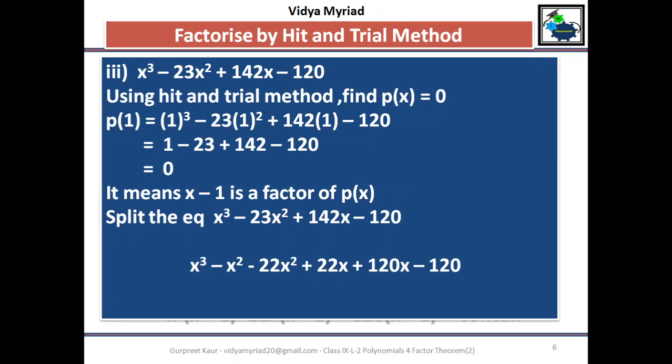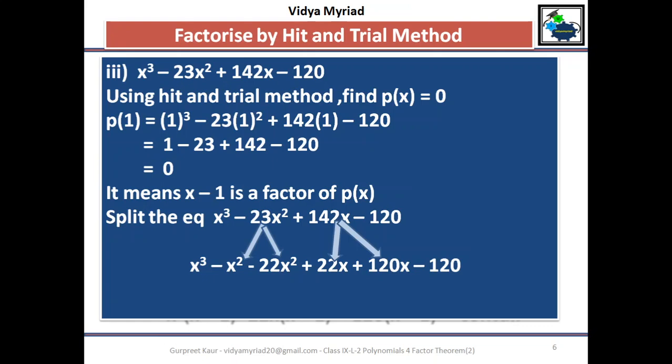Okay. When I start from 120, you need to break 23x square and 142x in such a manner that there is some combination with the previous or the earlier terms. Now if I start from the 120 side or my right side, it will be easier for me to formulate.